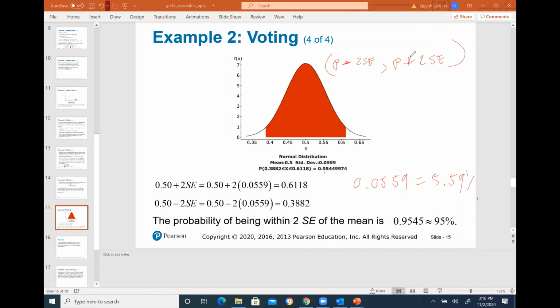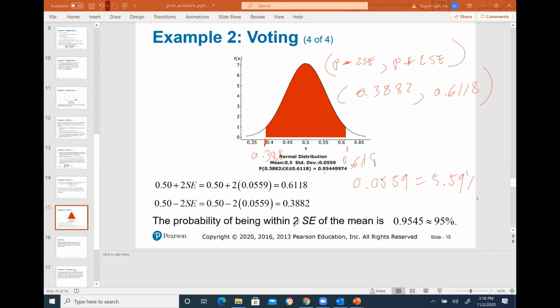In this case, the confidence interval that they're asking, whether it falls within two standard error, and we found the value is 0.3882, comma, 0.6118, will be the confidence interval. From here is 0.388, and here is 0.6118. So the data, 95% of it, is within this interval. So that's why we're having the answers.